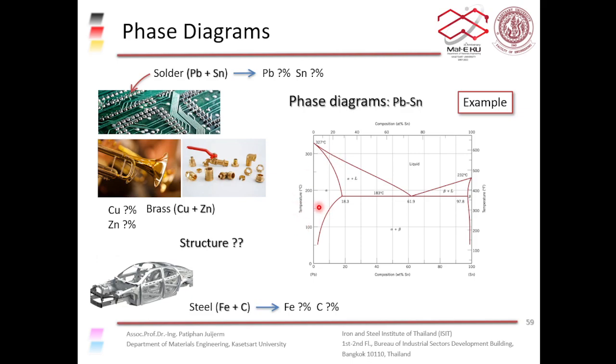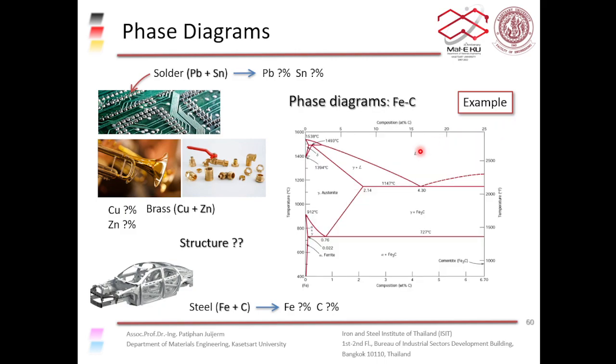You have the lead-rich phase alpha, the tin-rich phase beta, and you have the mixture of the two. You have the molten metal, the liquid metal, or you have liquid plus alpha and liquid plus beta, etc. So it's quite simple, but when you're looking at the iron-carbon phase diagram, it's a bit more involved, a bit more complex.